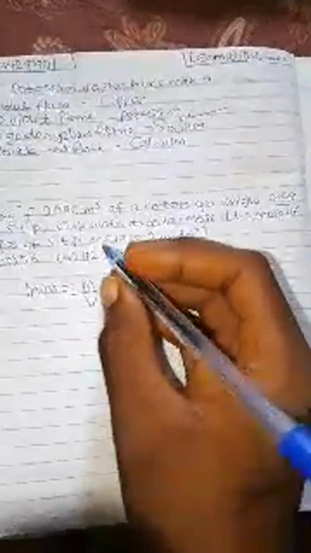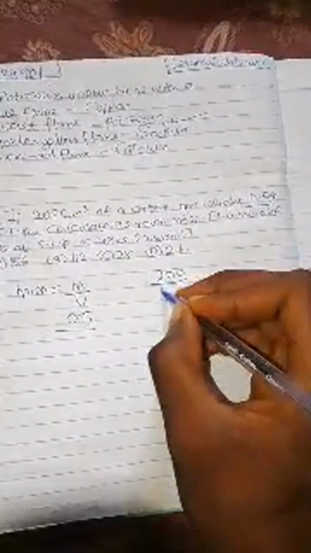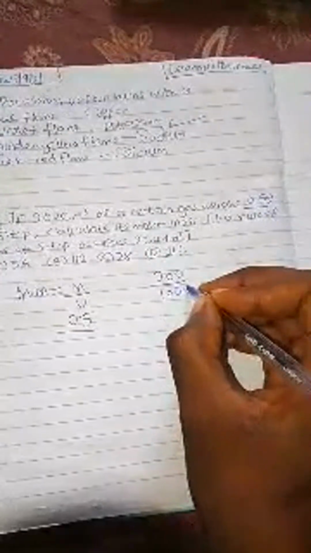So the formula for molar mass equals mass over volume. Our mass is 0.5 and our volume is 200 centimeter cube. But we will have to convert it to dm cube. And how do we convert it to dm cube? We divide by 1000.